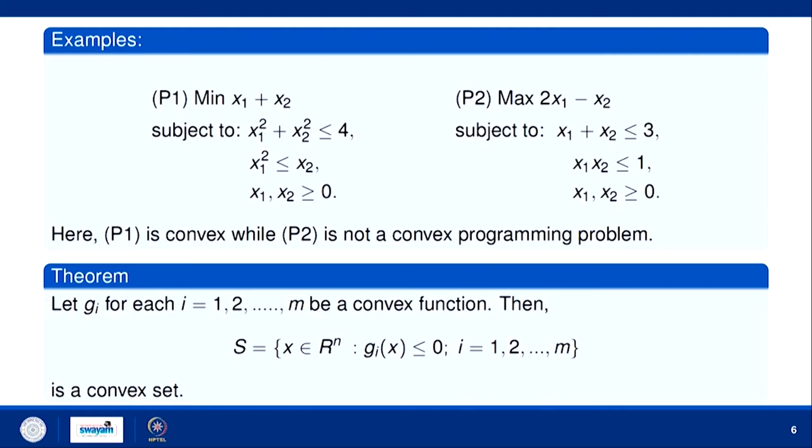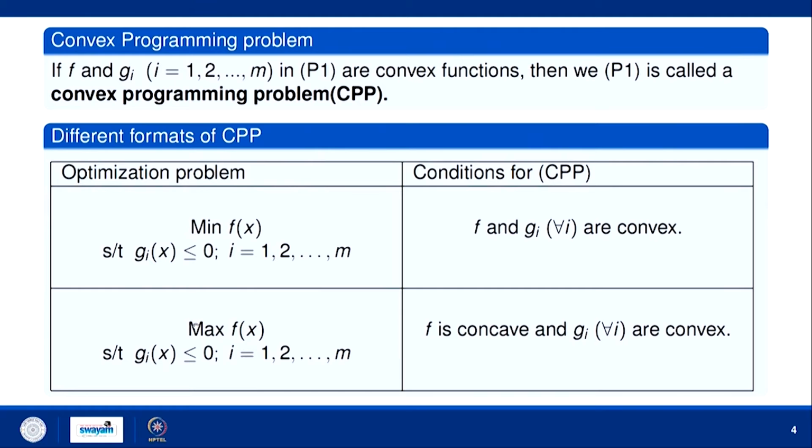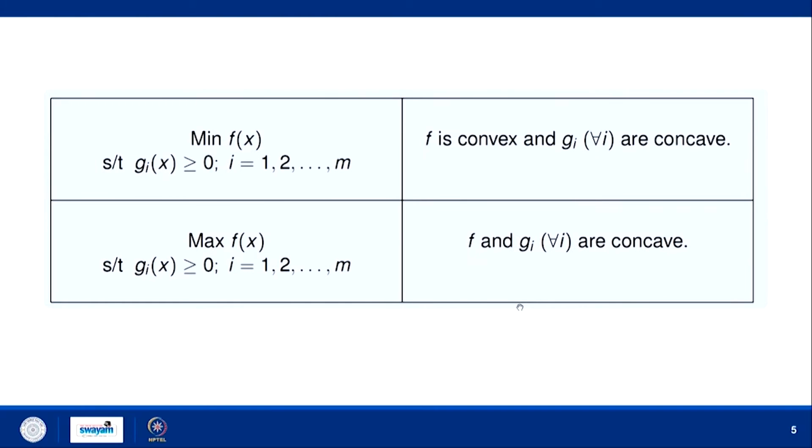Now, let us see the problem 2. For the problem 2, what is the objective function here? The objective function is 2 x1 minus x2, which is linear, so it is concave, because for maximization type we should see that f should be a concave function. We have already seen that if it is a maximization type problem, then f must be concave for a convex programming problem.